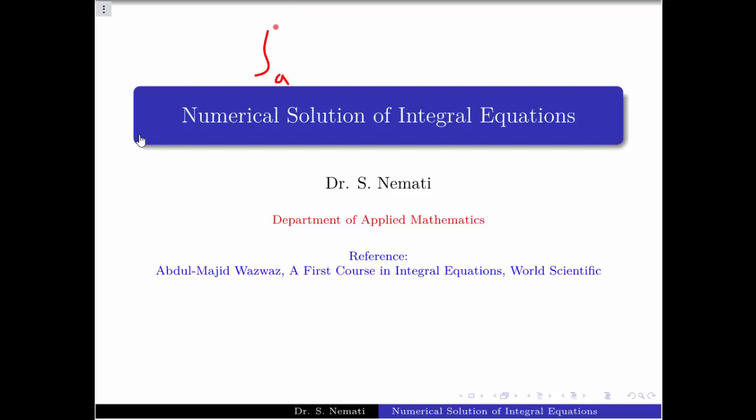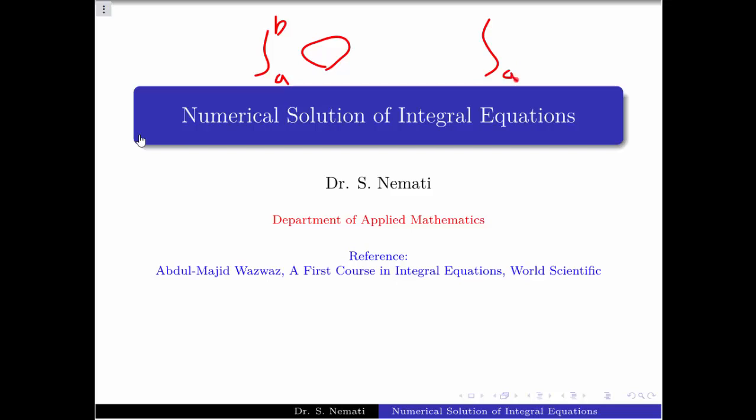For example, the integral of some expressions from A to B. And when we talk about Volterra integral equation, we actually discuss the integral equation that their integral part is something like this.